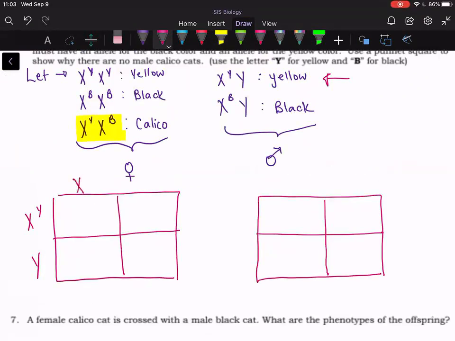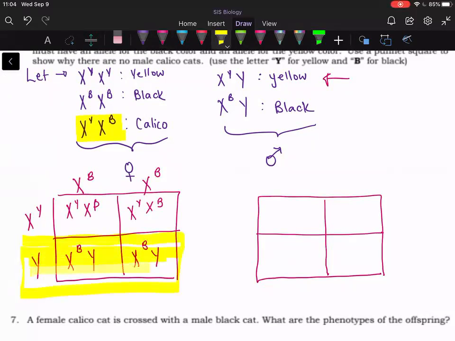Let's try it with a black female. I'm filling in my Punnett square. Okay, so the only chance that we have for males phenotype is only a yellow male.